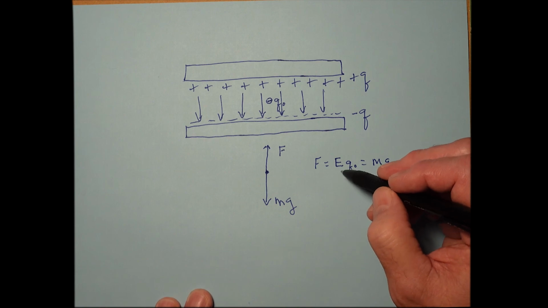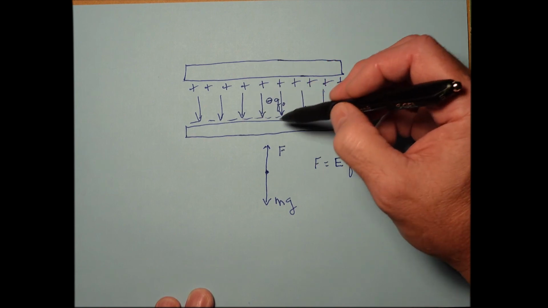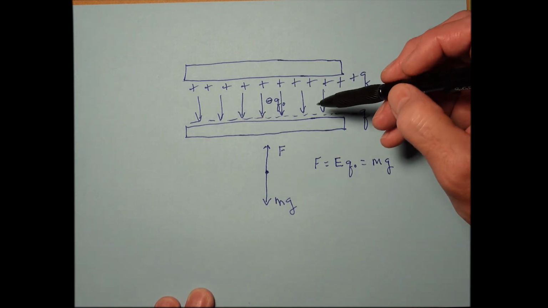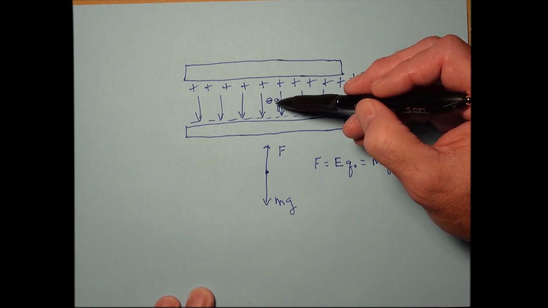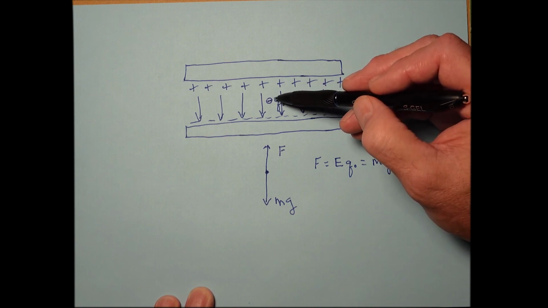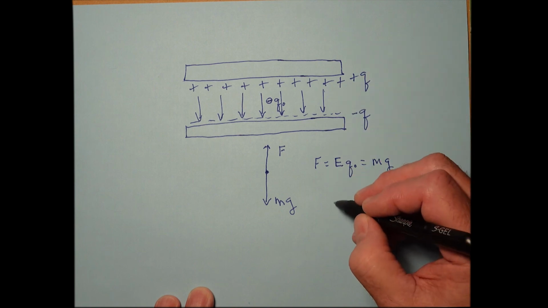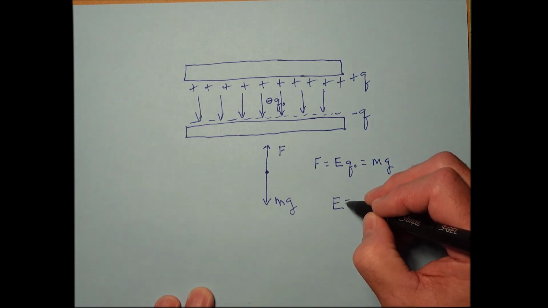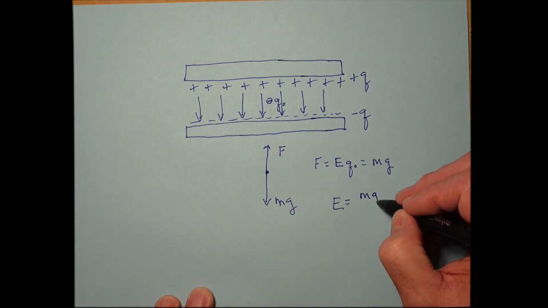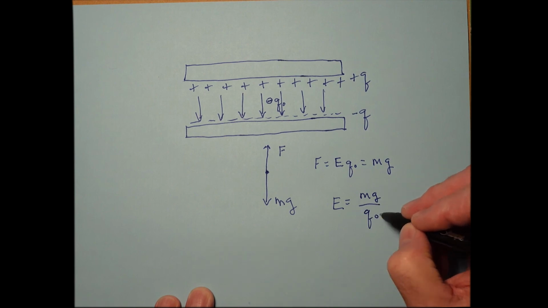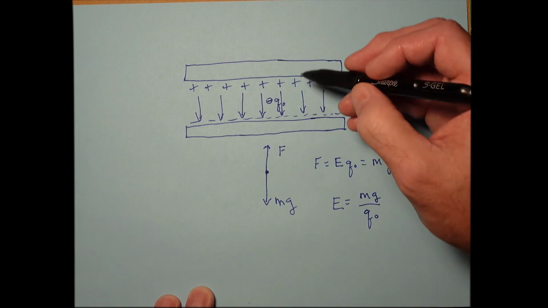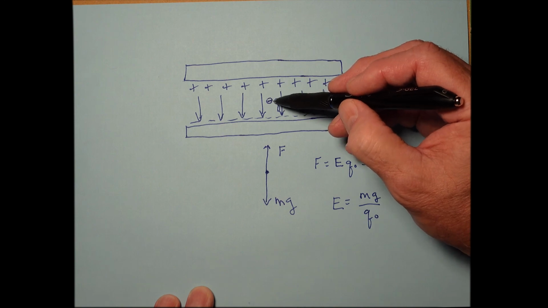So if we want to determine what the magnitude of the electric field between these two plates that will levitate a charge, Q naught, between the two plates, then the magnitude of that electric field is just mg over Q naught. And the direction is going to be downward if Q naught is negative.